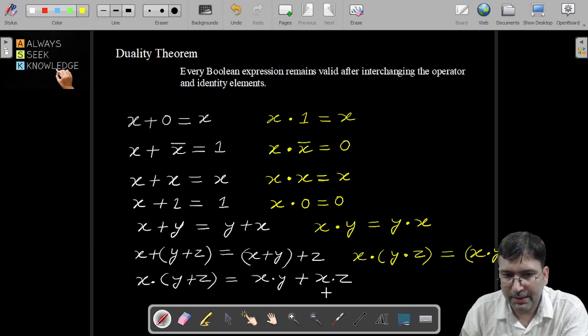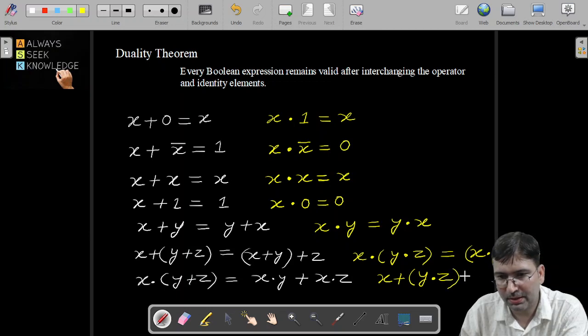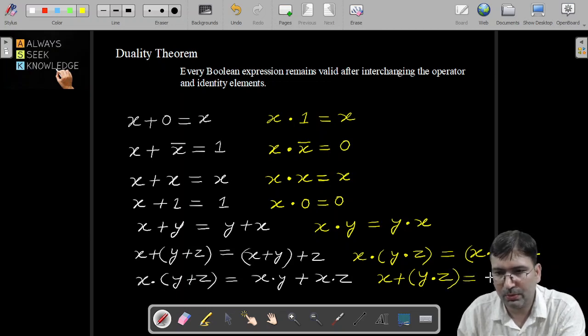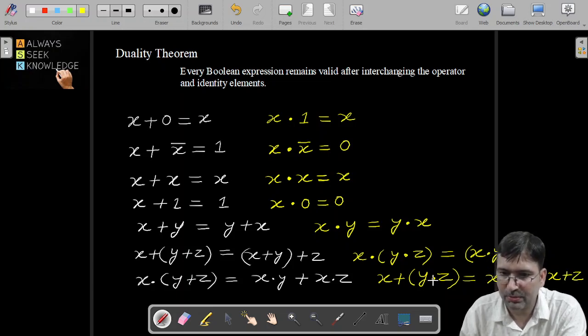So if we write the dual form for this expression, we write x or (y dot z) is equal to (x or y) dot (x or z), and this is also valid because this can be distributed over this, so this is also valid, right?